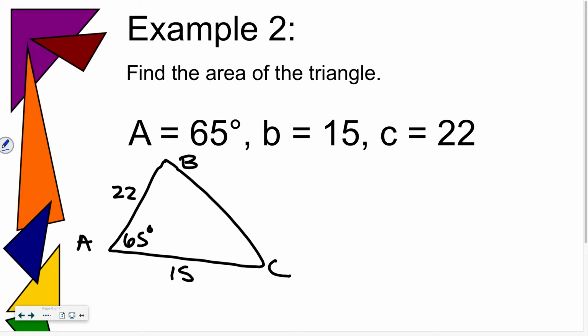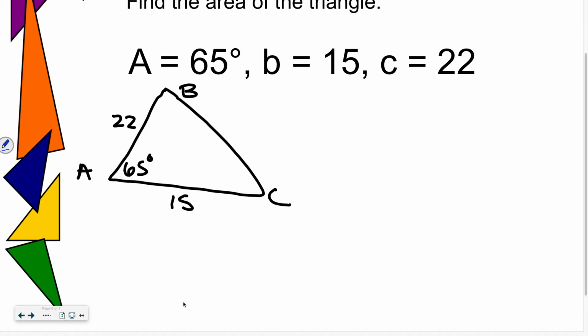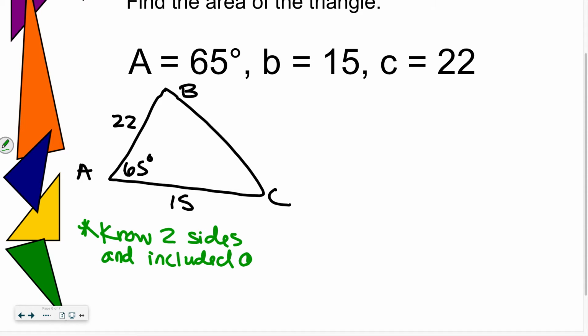And so I'll just quick sketch what this actually looks like. And this looks like a triangle where I know two sides and the included angle, which basically is side angle side of given information.